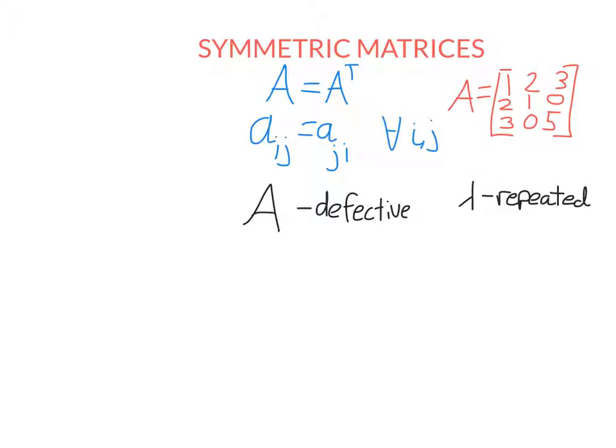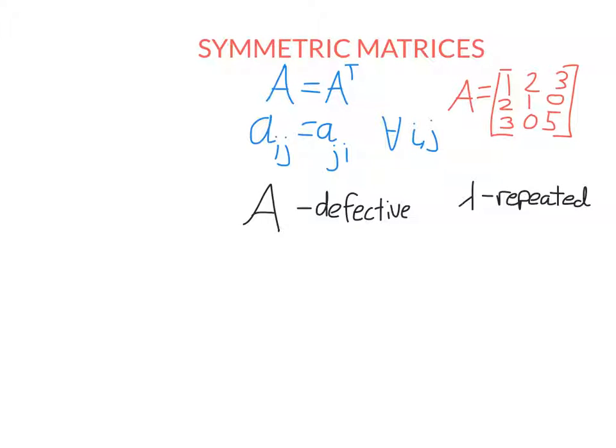And we've already learned that when that happens, it means that there won't be enough linearly independent eigenvectors of the matrix to form a basis for Rn, where n is the size of the matrix. A is an n by n matrix.